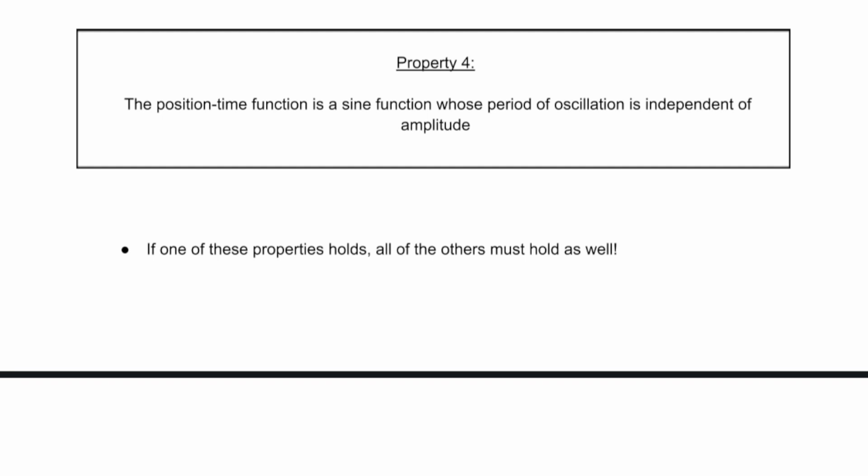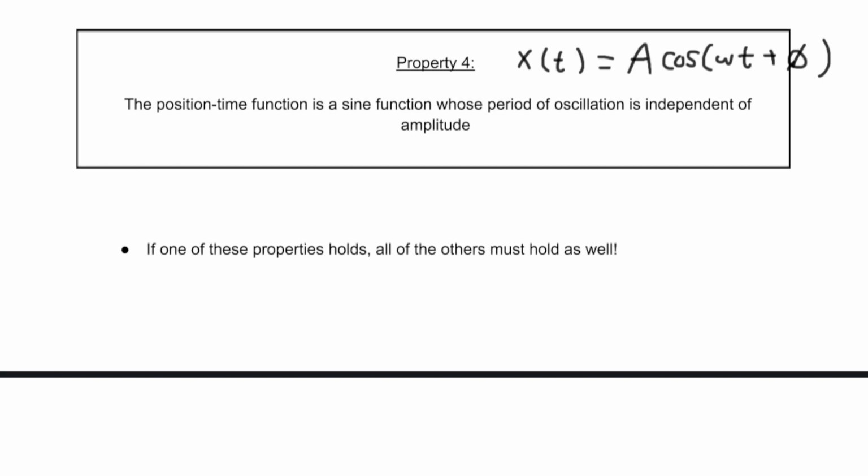And the fourth property, if you're just explicitly given that the position time function of whatever variable you're looking at is some sort of sine or cosine function that doesn't depend on amplitude inside, so something like this is the general form of that, well, it's simple harmonic.